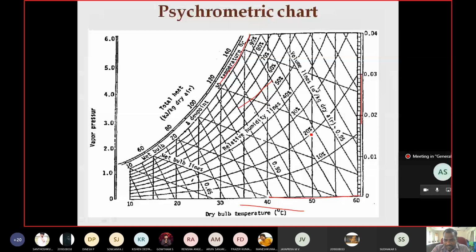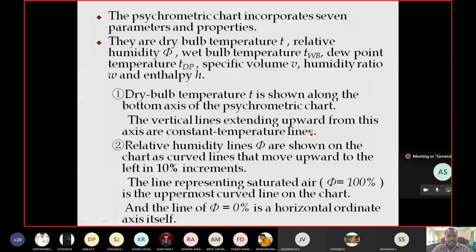The psychrometric chart incorporates 7 parameters and properties. They are dry bulb temperature, relative humidity, wet bulb temperature, dew point temperature, specific volume, humidity ratio, and the enthalpy. The dry bulb temperature is shown along the bottom axis, and the vertical lines extending upward from this axis are the constant temperature lines.